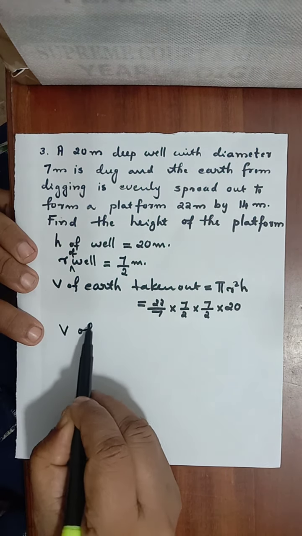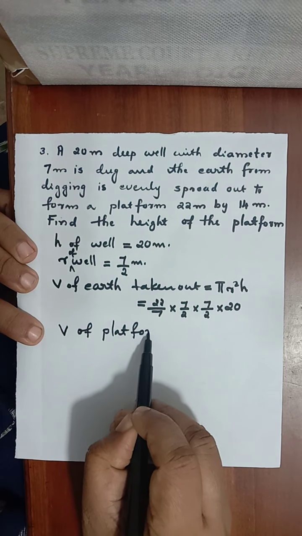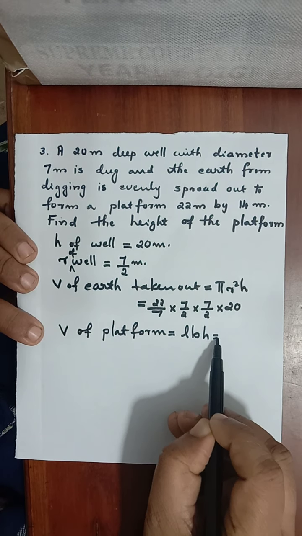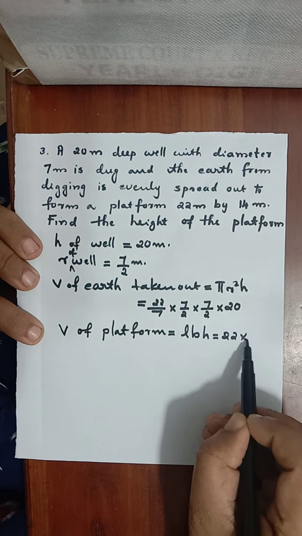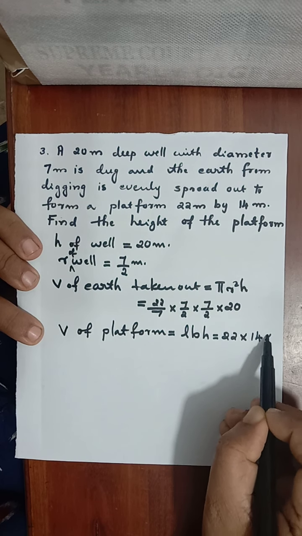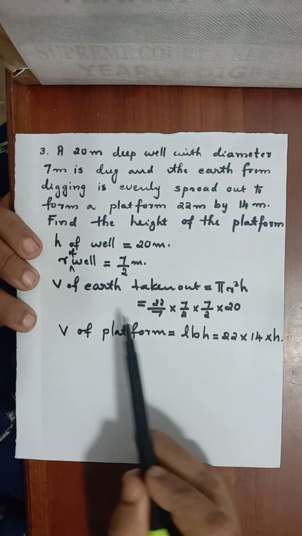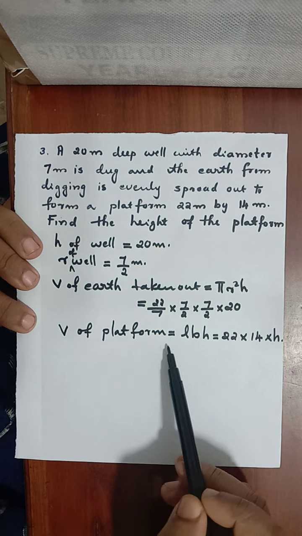So volume of platform is cuboid. Volume of platform is equal to L into B into H. Length is given 22 meter and breadth 14 meter and height we do not know. From this we will understand that volume of earth taken out is completely used for making platform.